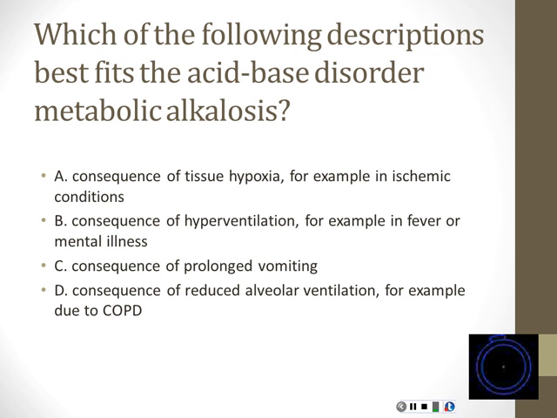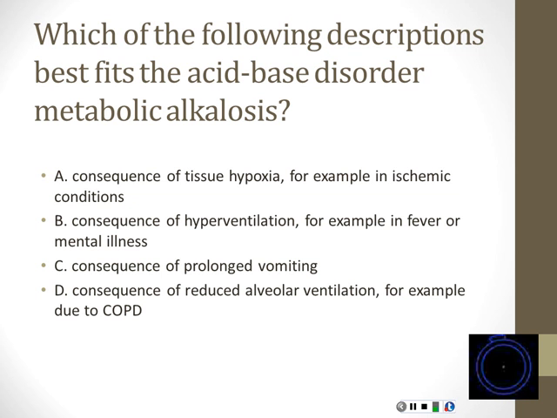But these other answers are worth going over because they represent some of the others. So tissue hypoxia in ischemia. So this is a restriction in blood flow to an area of the body. No blood flow means huge amounts of acid produced, right? So if we have ischemia, not enough blood flow, that isn't a lung problem.